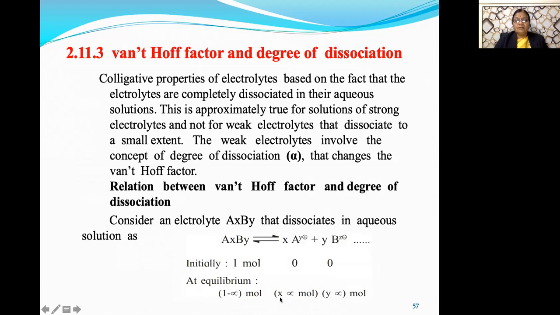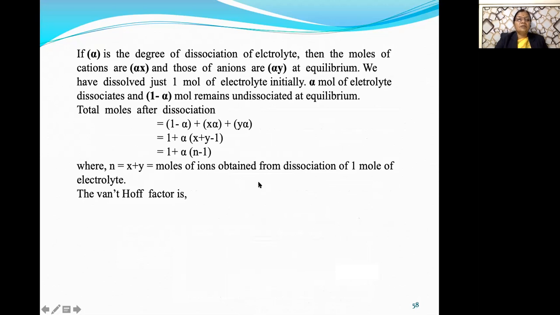For the cation it is x alpha, and the same for the anion, y alpha. Now the total moles become the sum of all these. After rearranging, alpha is taken as common, so in the bracket x plus y minus 1, or x plus y, is denoted by n.